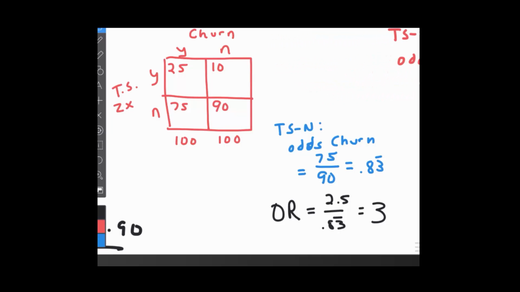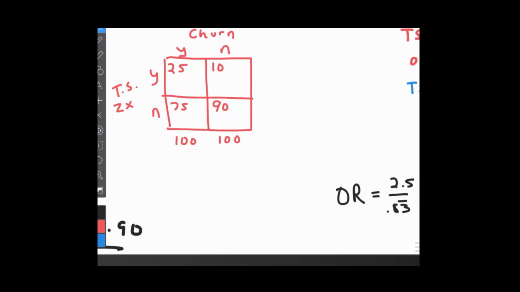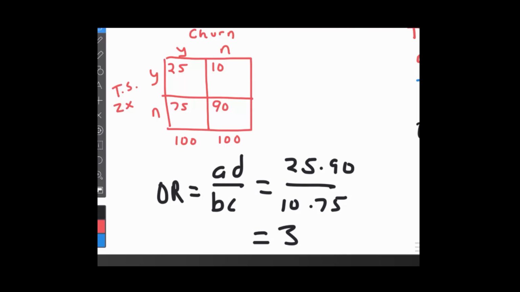Okay, let me show you another way that you'll sometimes see odds ratio computed. I like the first way because you compute odds and get the ratio of them. But here's just a shortcut formula.